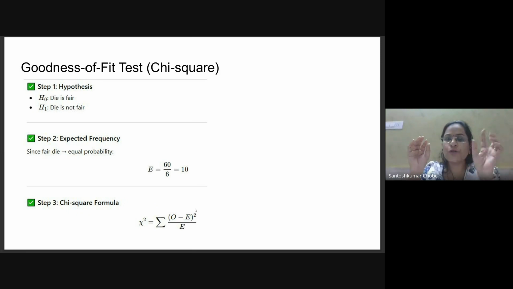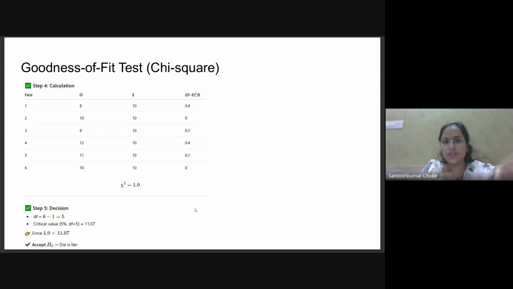So the formula for the chi-square test is summation of observed minus expected, the whole square, divided by expected. Very simple formula. This we have already done in the class also. So here I have a table where I have the observed frequency, the expected frequency, and the calculation of this formula.